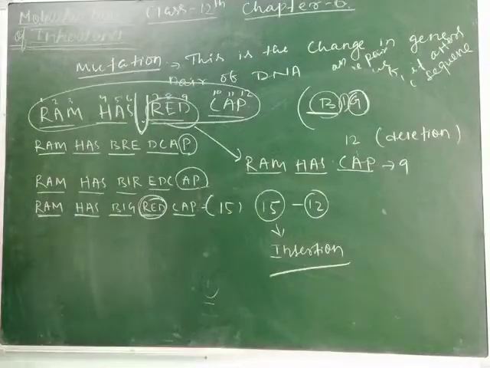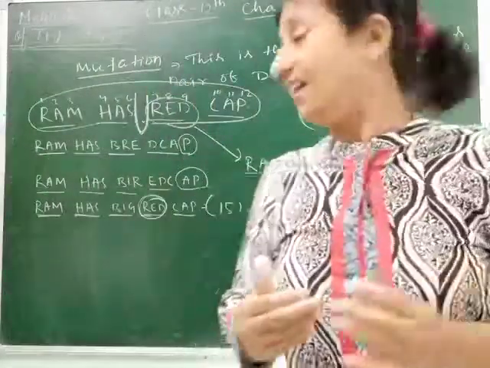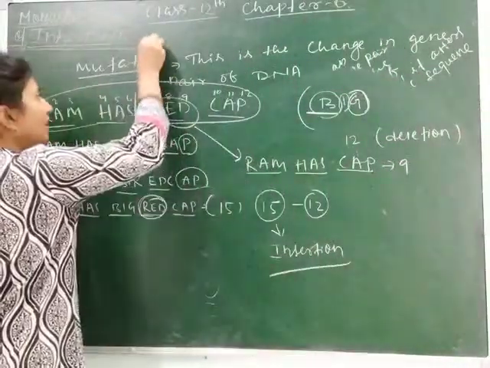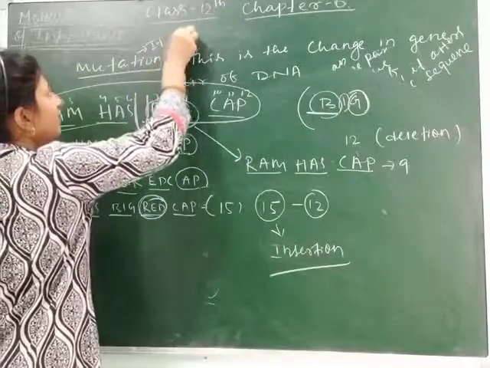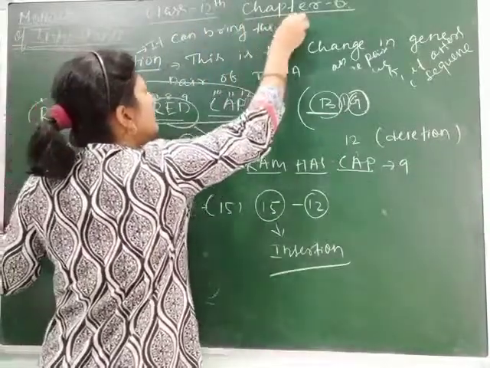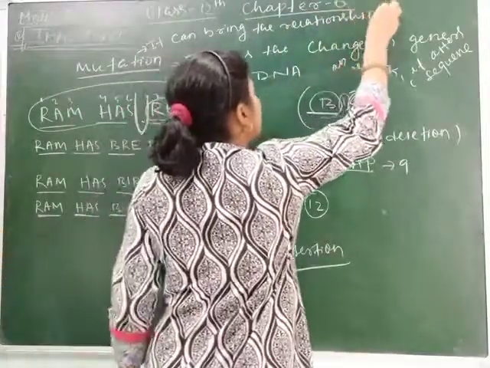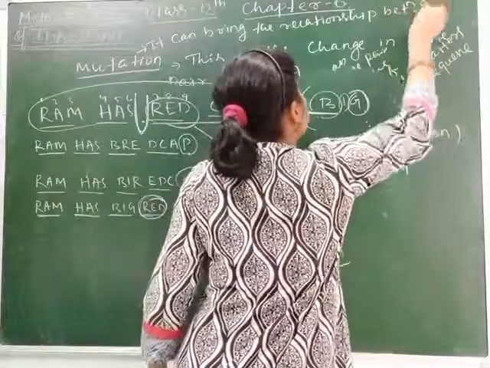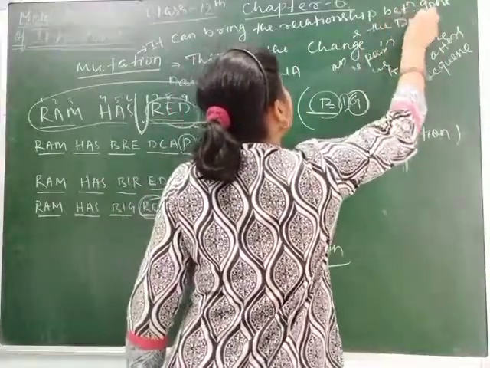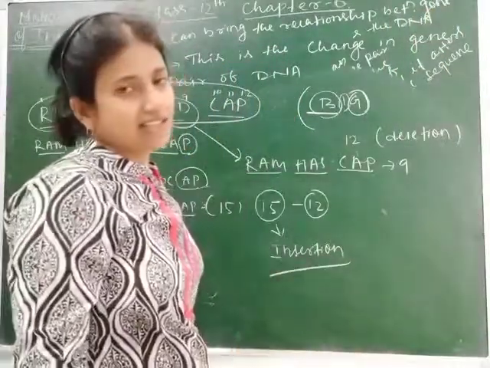That's why mutation can bring out the relationship between gene and DNA. Clear? So the overall conclusion is that mutation can bring out the relationship between gene and DNA, to know which genetic material is changed.